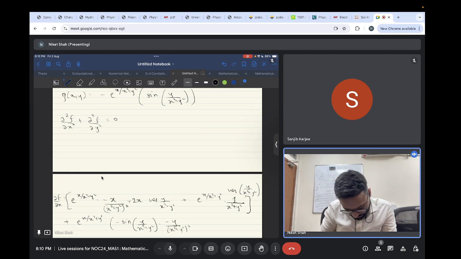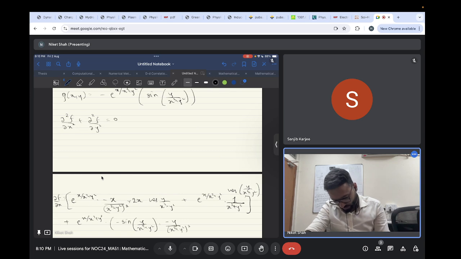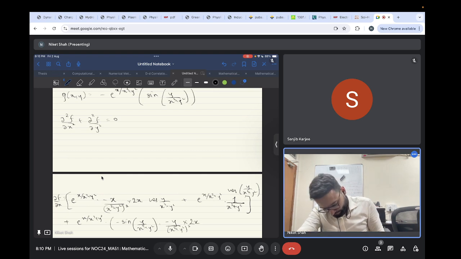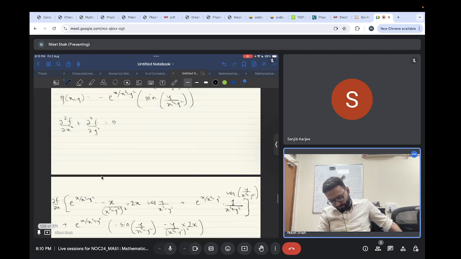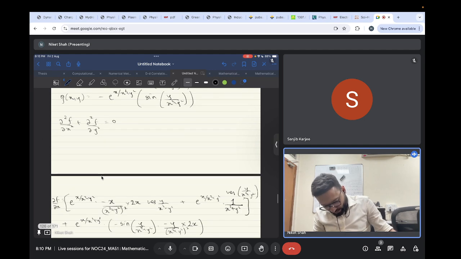I hope I've done this differentiation correctly. e power x divided by x square plus y square into 1 divided by x square plus y square, into 2x here. Yes, this is what the derivative will look like.